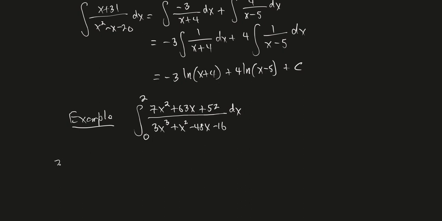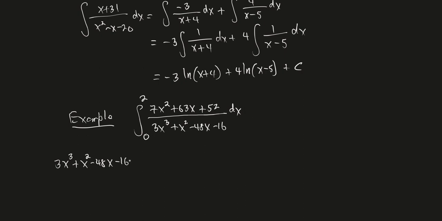So if I do 3x cubed plus x squared minus 48x minus 16. Well, one of the things that you try when you have an even number of terms, so we have 4 terms in this polynomial, right? It's a third degree polynomial.